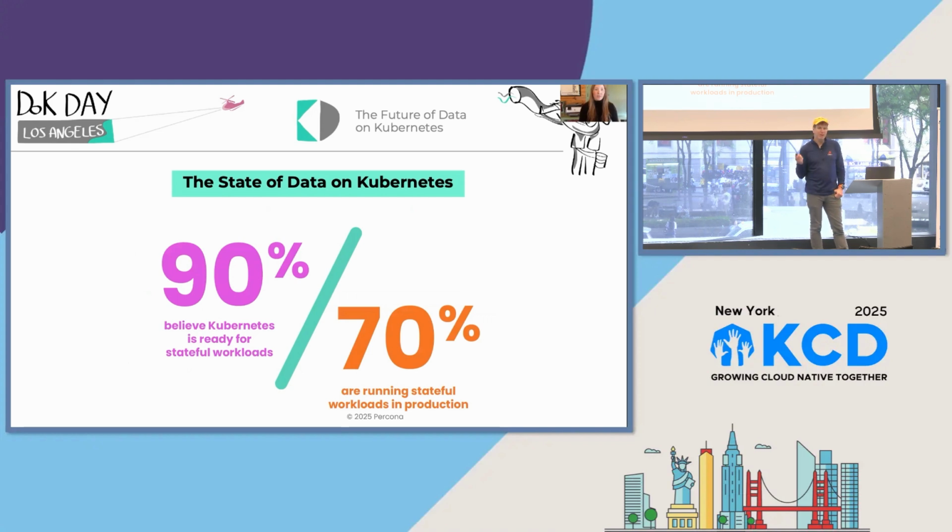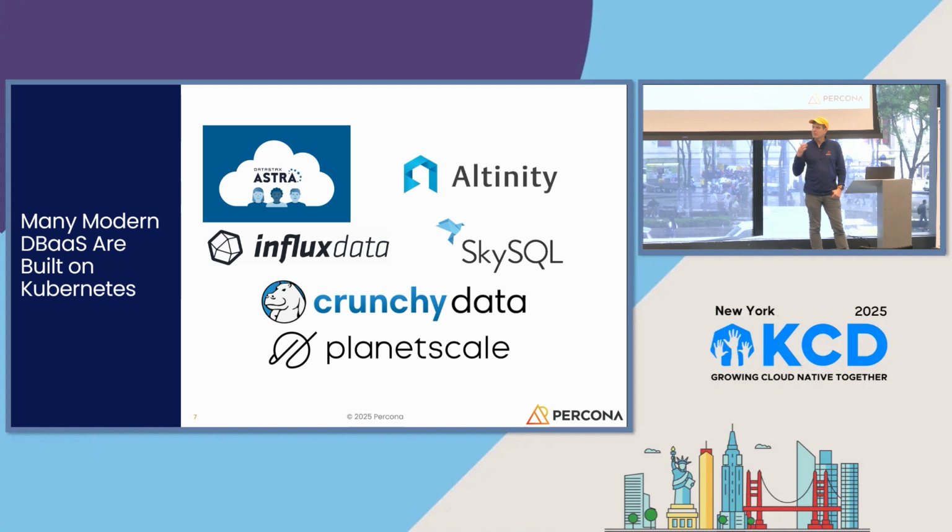Now, if that is not enough as a proof point, I think what is very interesting is that a lot of newer database as a service solutions are actually using Kubernetes underneath. And for me, because we don't constantly hear, oh my gosh, all data lost for all the customers, we can see that it is possible to do this with reasonable availability, efficiency, and so on and so forth.